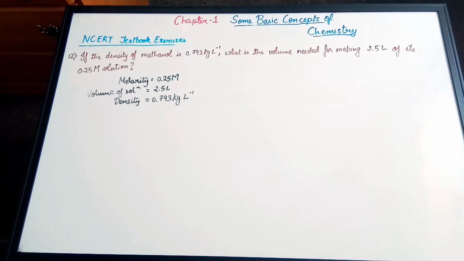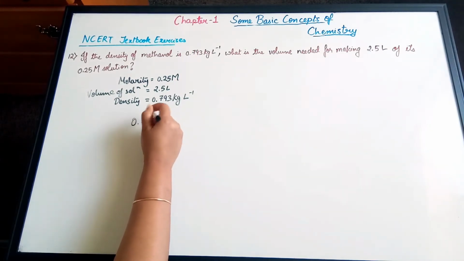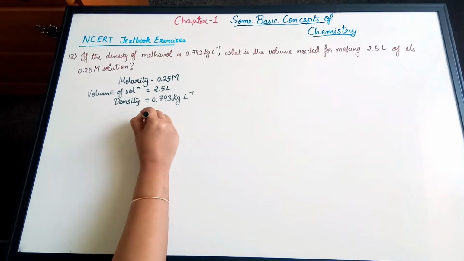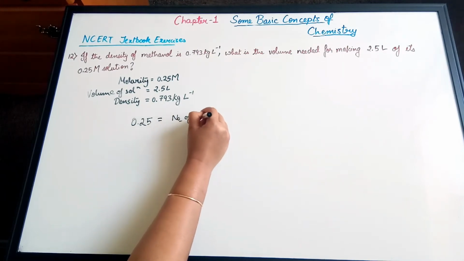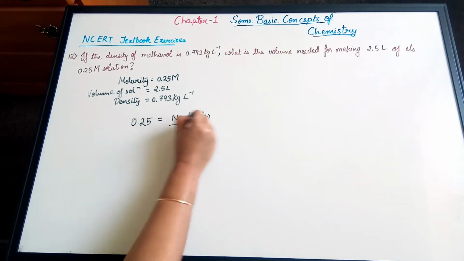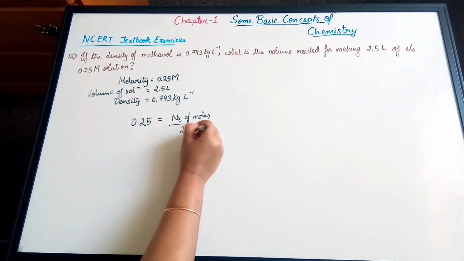So let's start. First, the formula of molarity is number of moles divided by the volume. So here we've been given the molarity, that is 0.25, is equal to the number of moles divided by the volume, that is 2.5 liters.